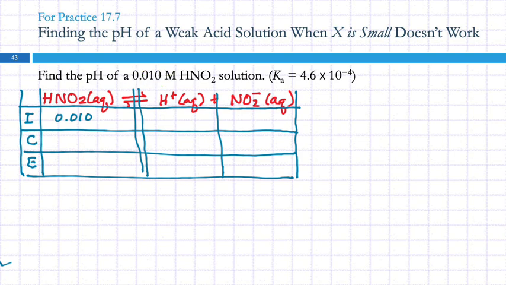Initial concentration for hydrogen and nitrite? We'll call this one approximately 0 because it's not actually 0 and I can't bring myself to write 0, but it's close enough. And so the change then ends up being just minus x and plus x. So 0.010 minus x and x and x.